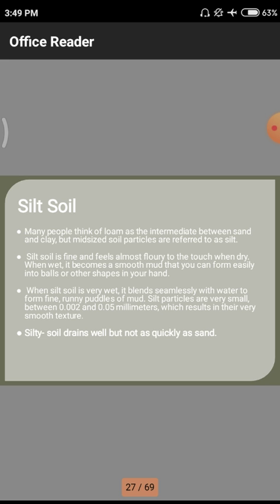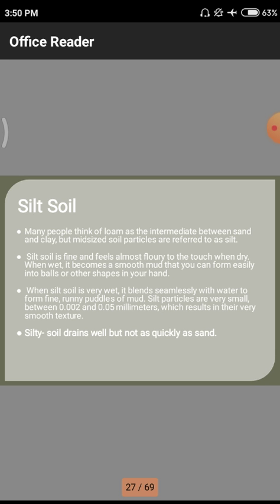The silty soil is very wet. That means it will absorb more amount of water. It blends seamlessly with the water to form fine running pebbles or mud. That means normally the silty soils will absorb in pebbles or mud particles, and particle size varies from 0.02 to 0.05 millimeters.